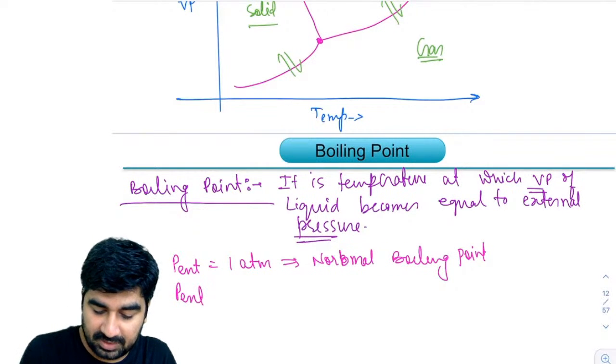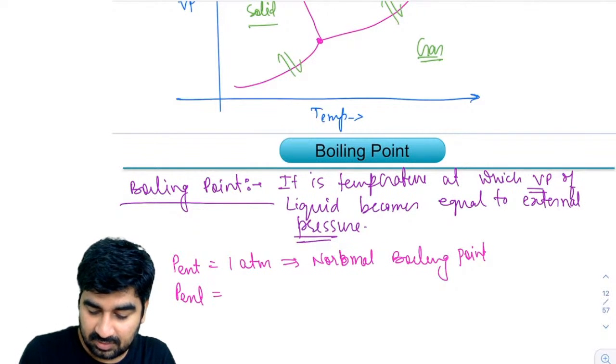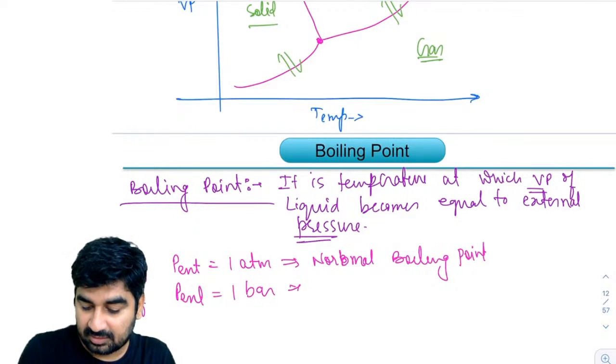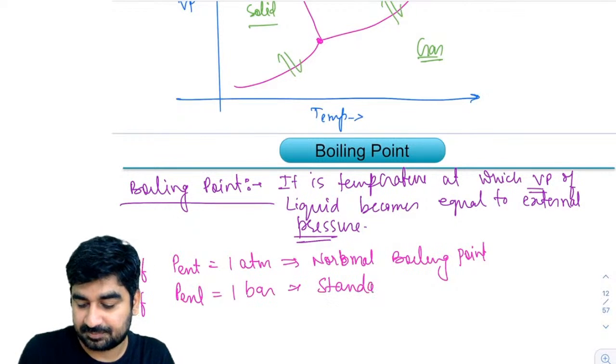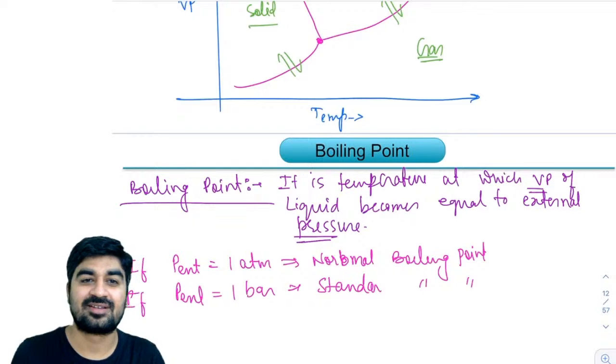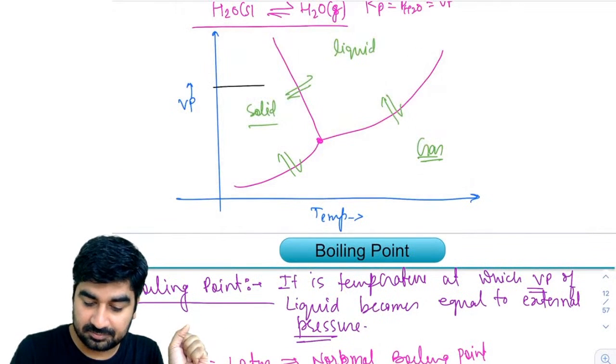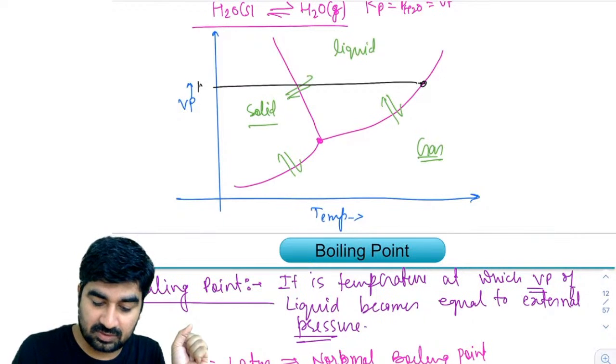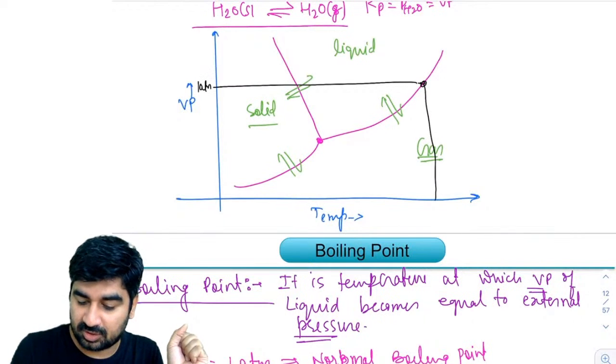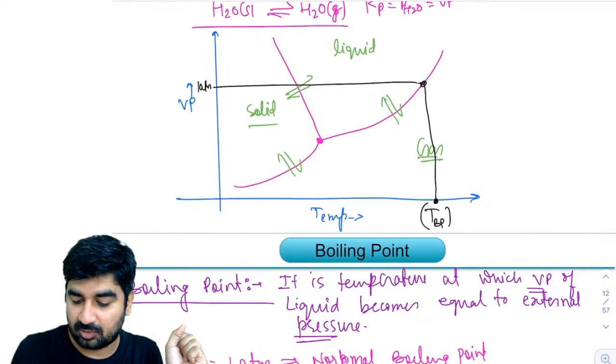And if P external is equal to 1 bar, then it will be called standard boiling point. So guys, you can get the boiling point from here. Suppose this is 1 atm. Corresponding to this, you will be getting boiling point, and this boiling point will be normal, right?